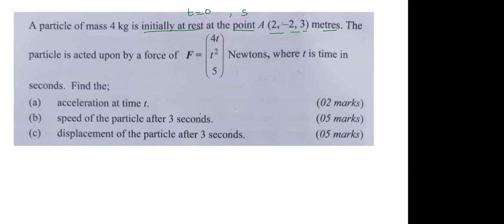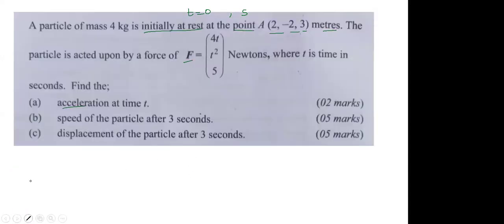No, it's going to be 2, negative 2, and 3 meters. Now, what else do you need to know? That when they give you force, you need to ask yourself, how do I obtain acceleration? So you need to remember your Newton's laws of motion. So we are going to start from there.